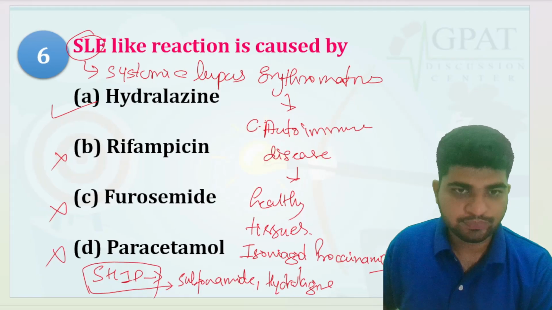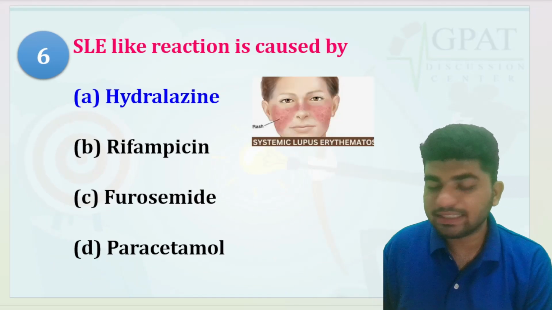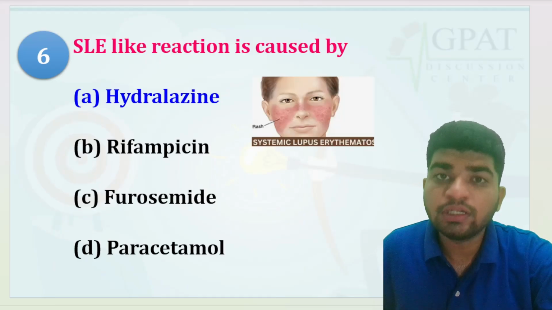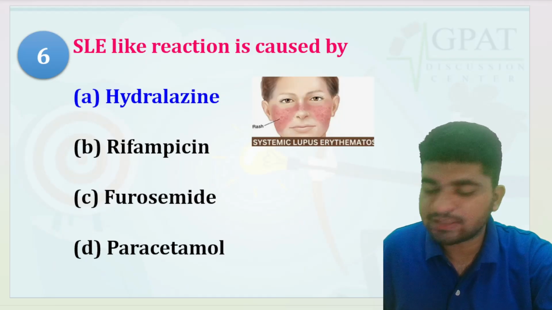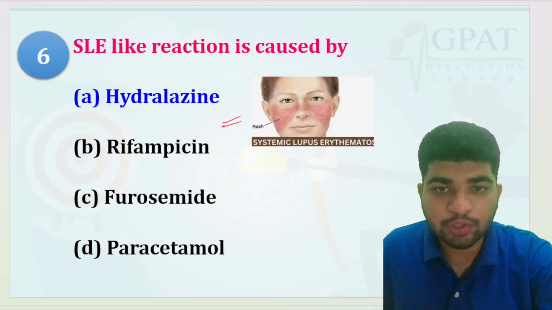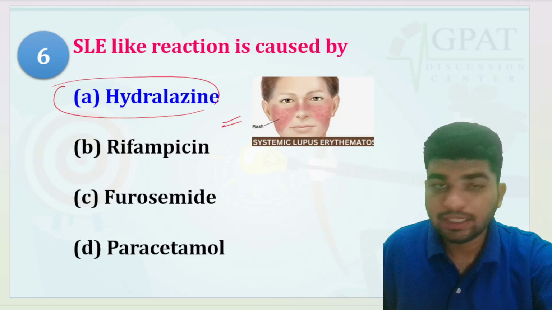So SLE is an autoimmune disease which may harm your natural healthy cells. Just like in this picture, you can see there are rashes around the face. Hydralazine is one of the drugs in this category which may cause systemic lupus erythematosus.